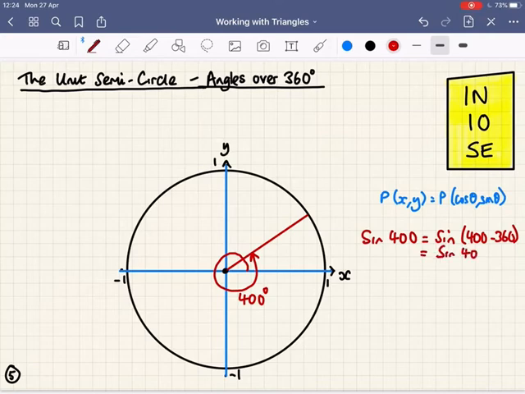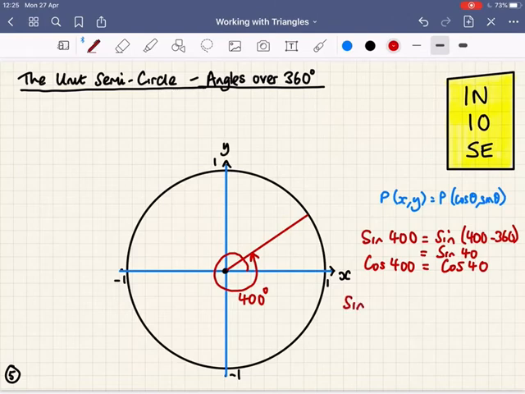And similarly, cosine 400 would be equal to cosine of 40. So they are in pairs. So 400 and 40 are the same. If I went round the clock twice, I would have 720 degrees plus 40.